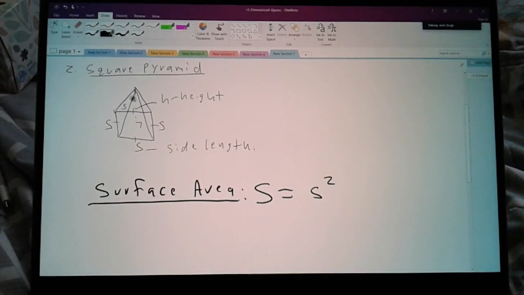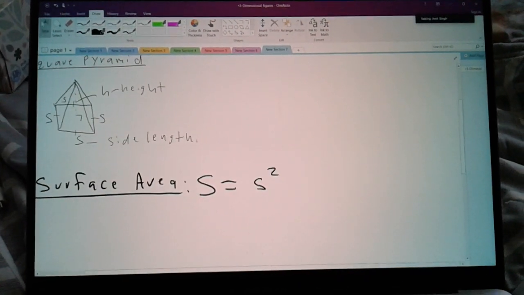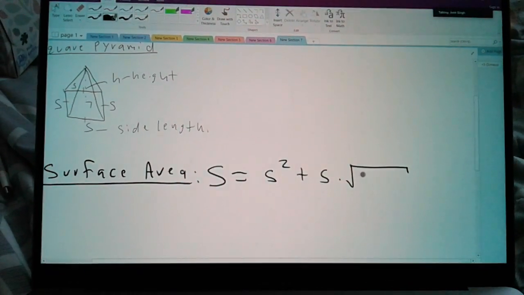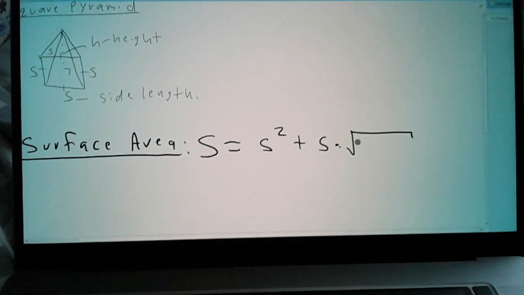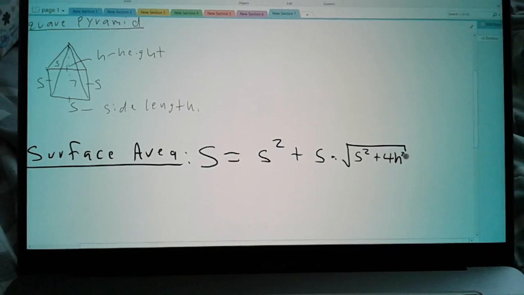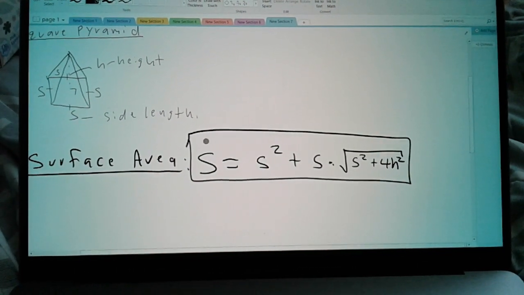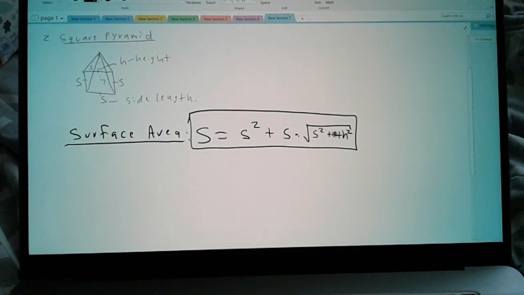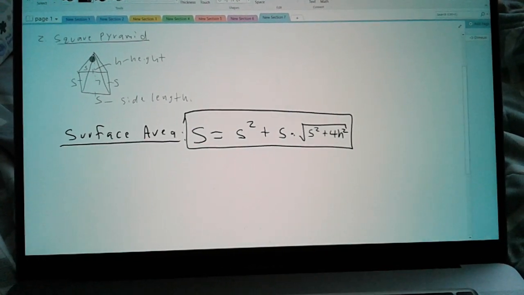But it also has four faces on it that are triangles too. That one's a little bit more complicated. So the formula is going to be S squared plus S times the square root of S squared plus 4H squared. This is the surface area. So you have the square base plus the area of all four triangles that make up the body of the pyramid, which gives you the surface area.